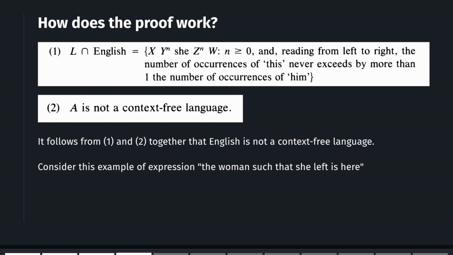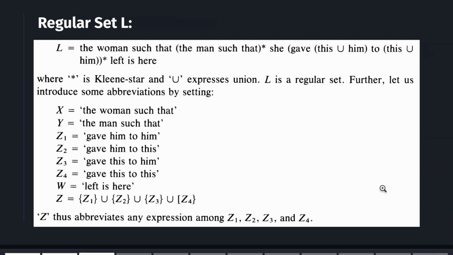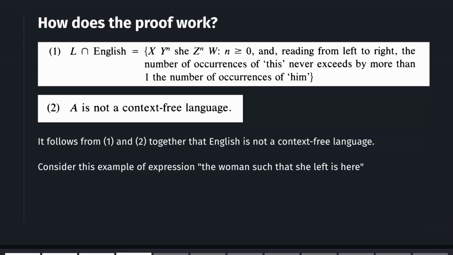"The woman such that" is X, and we have no occurrences of "the man such that," which are Y, followed by "she," and then no occurrences of the phrases in set Z, and we have "left is here," which is W. The condition of A is that the number of occurrences of "this" should never exceed the number of occurrences of "him" by more than 1.